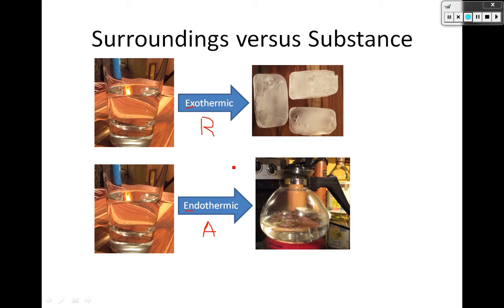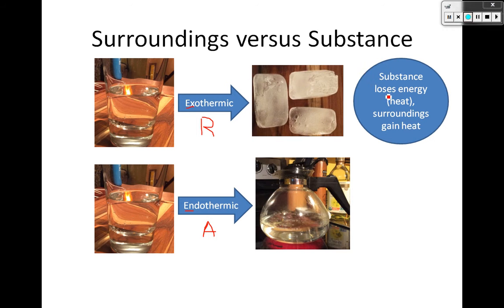And now if we talk about what is entering or exiting, here we're saying heat is exiting the water, so the substance loses energy, but then the surroundings actually gain that energy. So we're saying exiting from the substance.